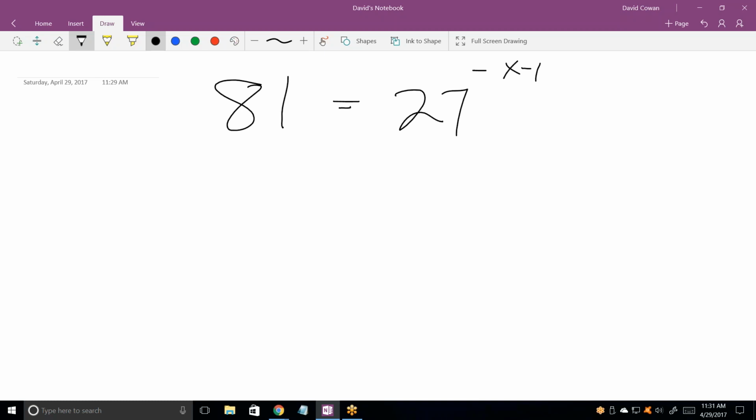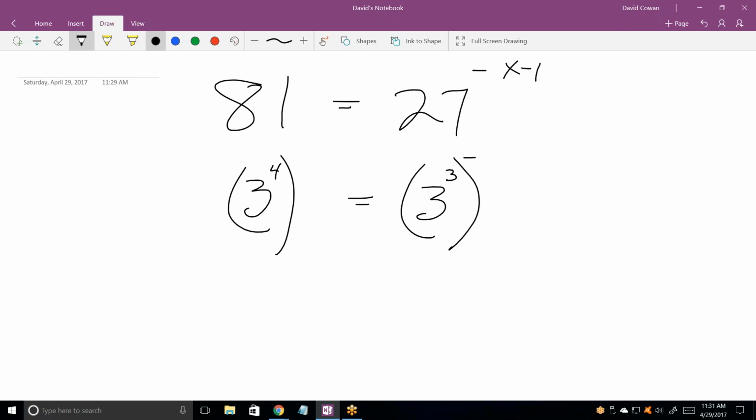Oh, 3. Correct. And I can write 81 as 3 to the 4th, and always use parentheses. Always. Okay. How can I write 27? 3 to the 3rd. The reason you always need to use parentheses is because this whole thing is being taken to that exponent. Now use the rules of exponents. What's the right side equal to?